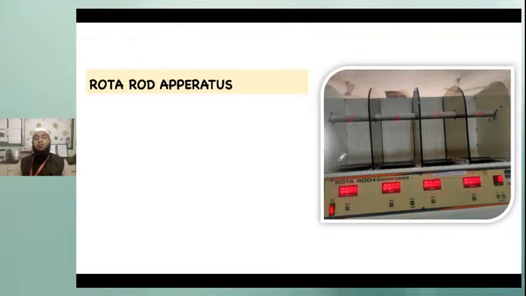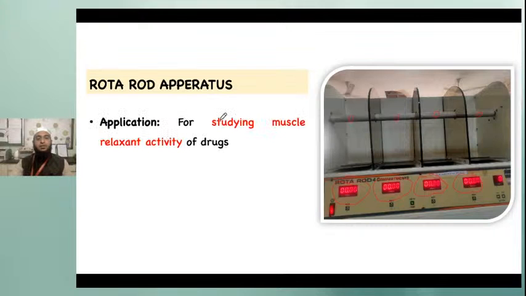So that animal will fall down quickly, and that time of fall of the animal will be recorded in each chamber. For every compartment a separate digital panel is given, so you can keep that many animals. Here you can keep one animal, here you can keep one animal. The moment it falls down, it will stop the recording. So this is used to measure the muscle relaxant activity of the drug.